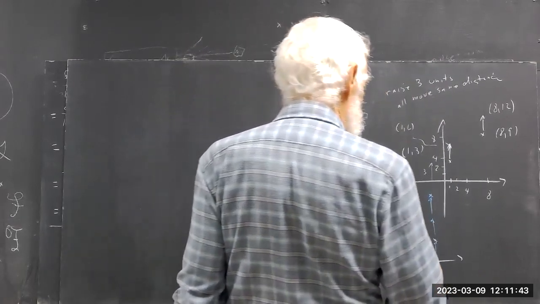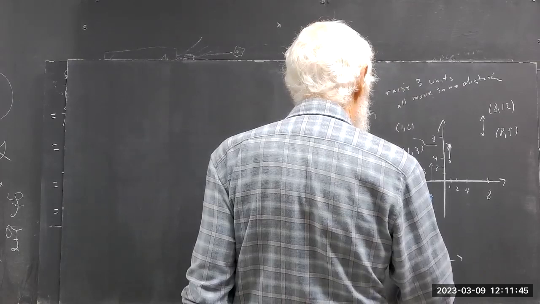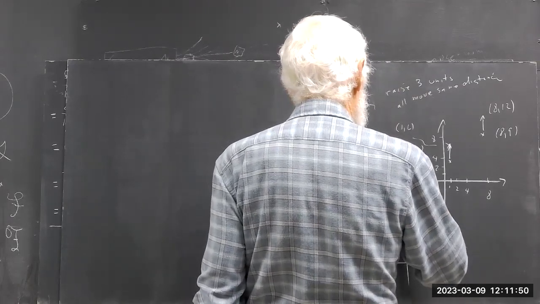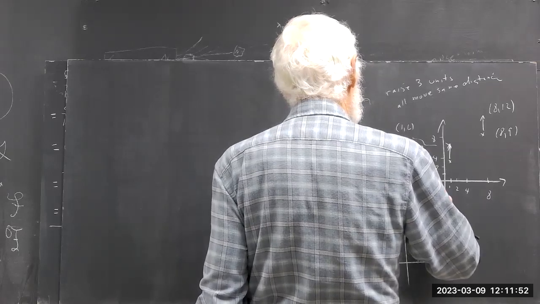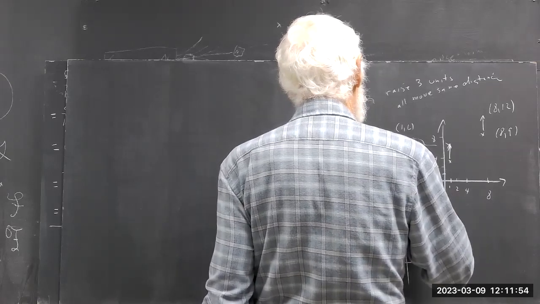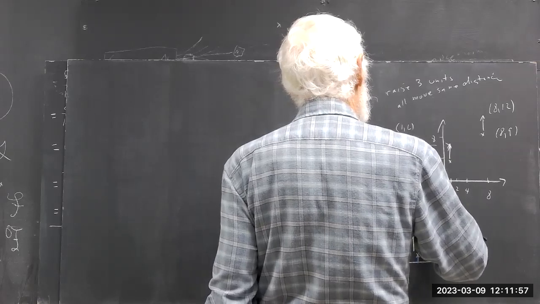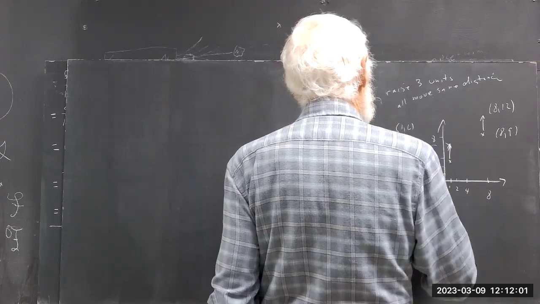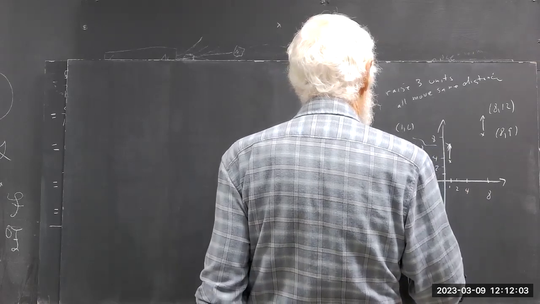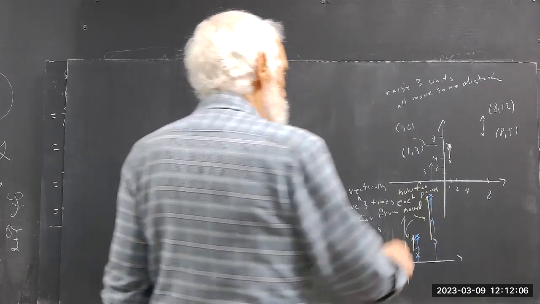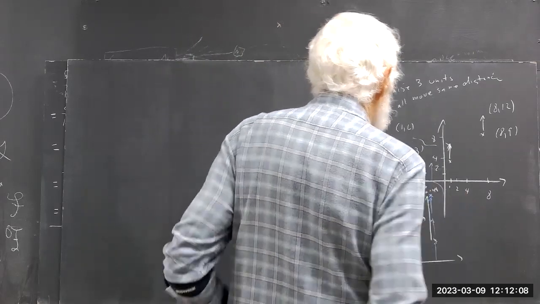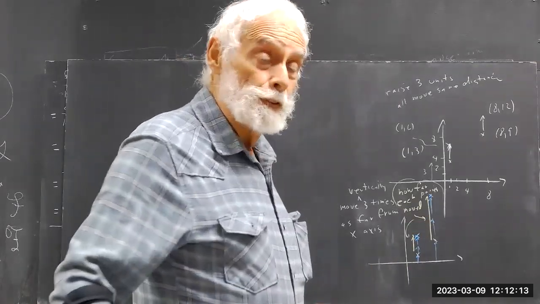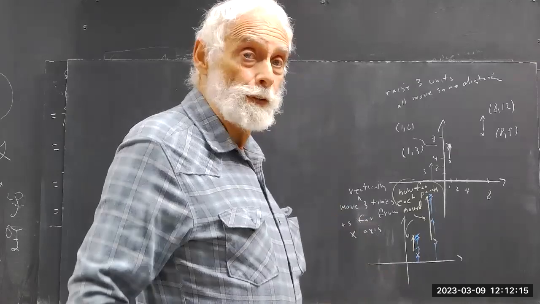Now, if I want to represent how far it moved, this is how far each point moved. Now, did they move the same distance? How many would say they moved the same distance?